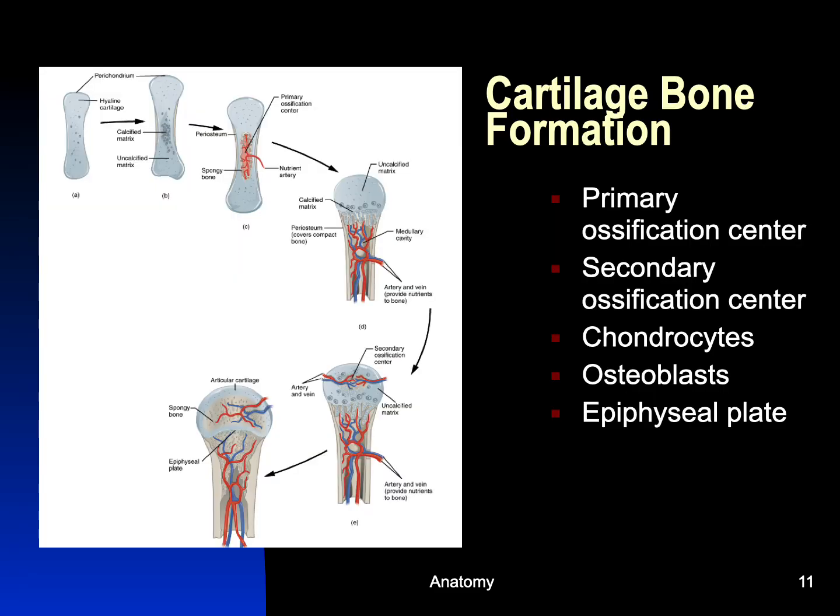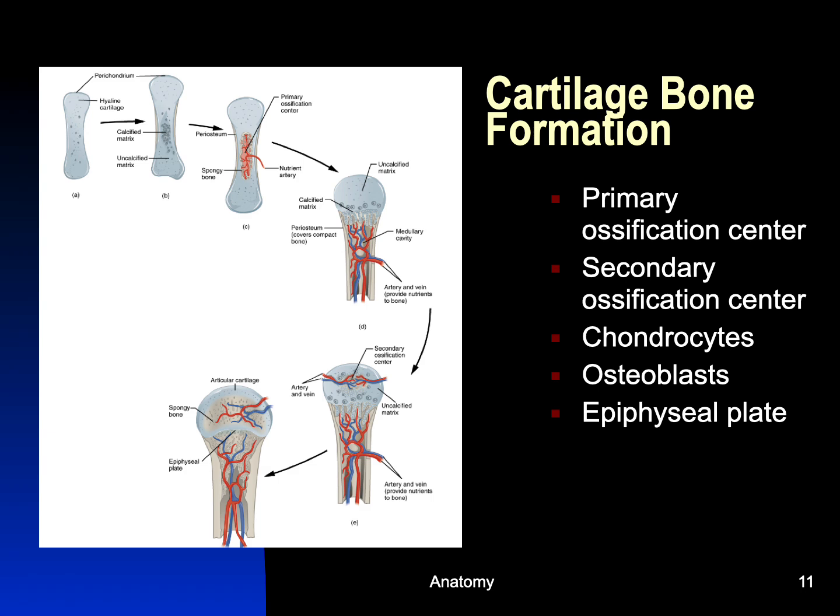Long bones form in the embryo as cartilage models. And so they're referred to as cartilage bones. Generally, the cartilage forms in the rough shape of the bone. It forms first as a cartilage, but later on, you will get bone cells, osteoblasts, invading that cartilage and beginning to deposit bone, replacing that cartilage tissue.